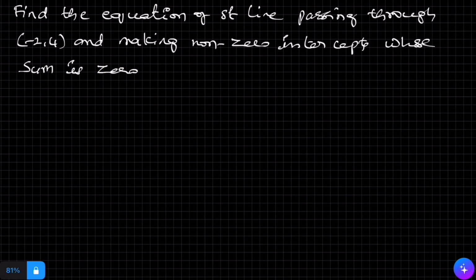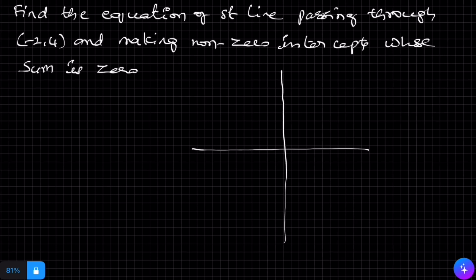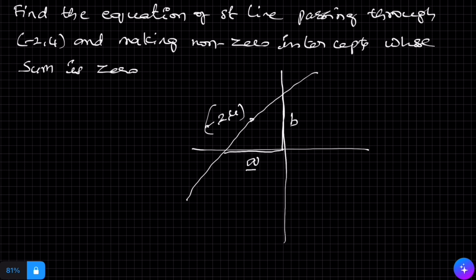In this question, it is given that the straight line is passing through (minus 2, 4) and the sum of the intercepts made by the straight line, that is a plus b, equals 0. a is the x intercept, b is the y intercept.